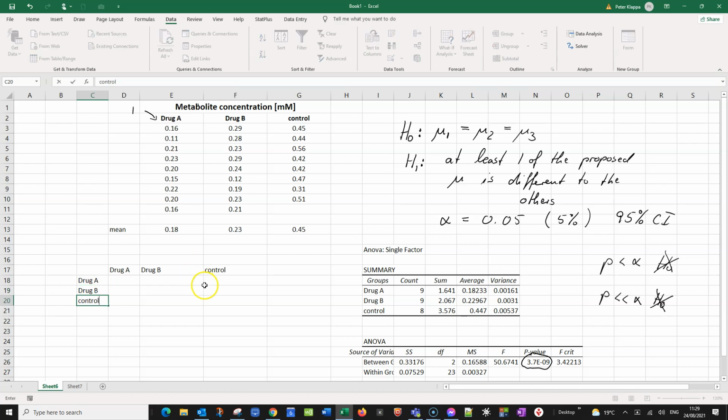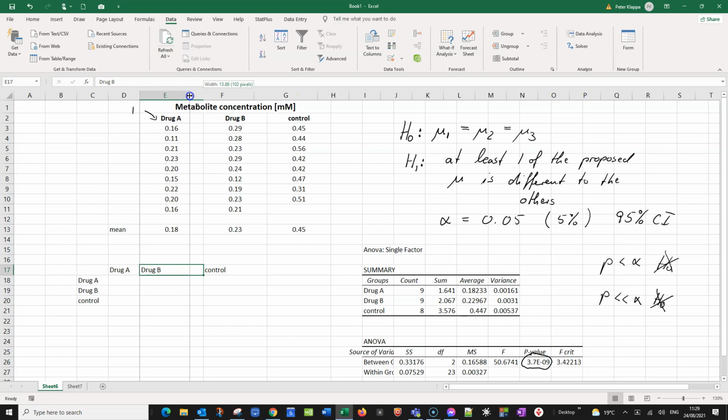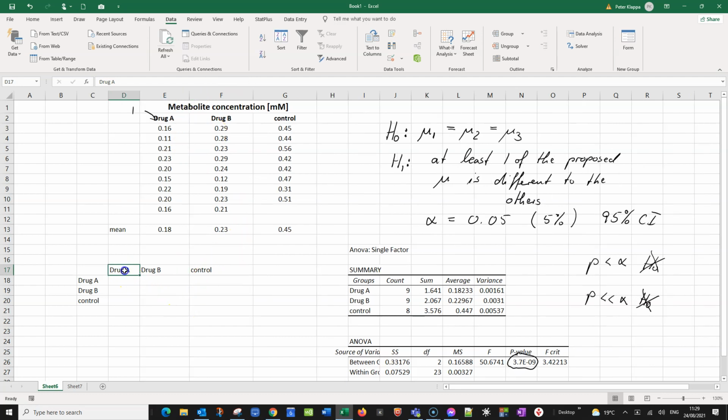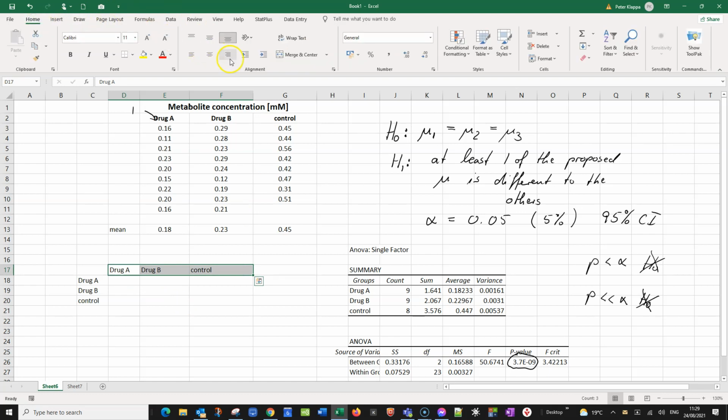And we carry out t-tests. Make this a little bit nicer. So we carry out individual t-tests. So drug A and drug A, we don't need to compare that. Let's compare drug A with drug B.